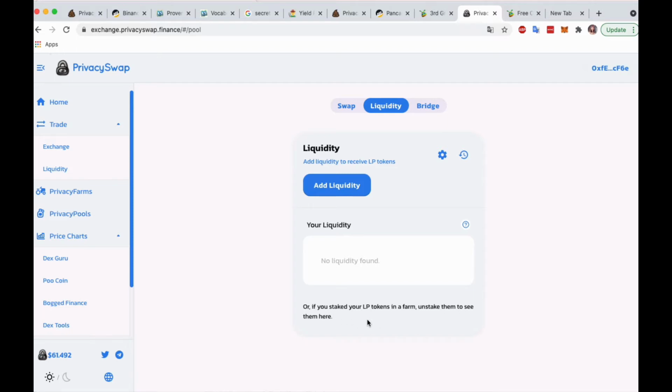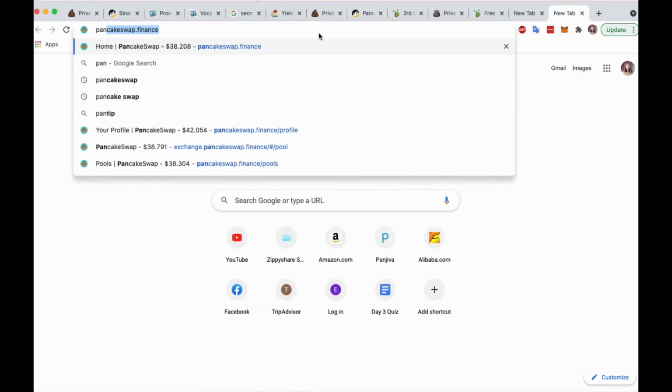What this really means is that you are contributing liquidity based on the kind of assets which you have, and therefore putting them in a place that requires it and receiving a reward. To take this a little bit further, I'm going to go to a different tab here and go to PancakeSwap.